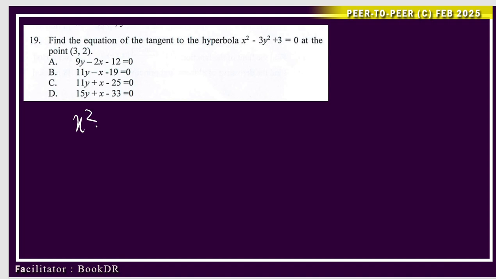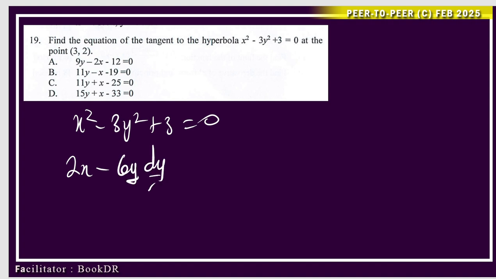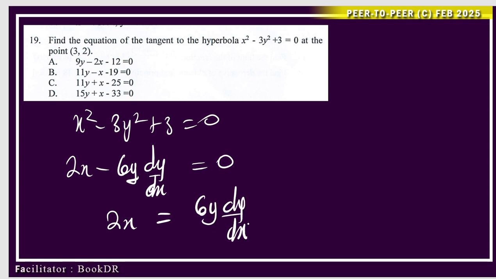So x squared minus 3y squared plus 3 is equal to 0. We differentiate the function, get 2x minus 6y dy dx. Then the differentiation of the 3 will drop, is equal to 0. This implies 2x is equal to 6y dy dx.